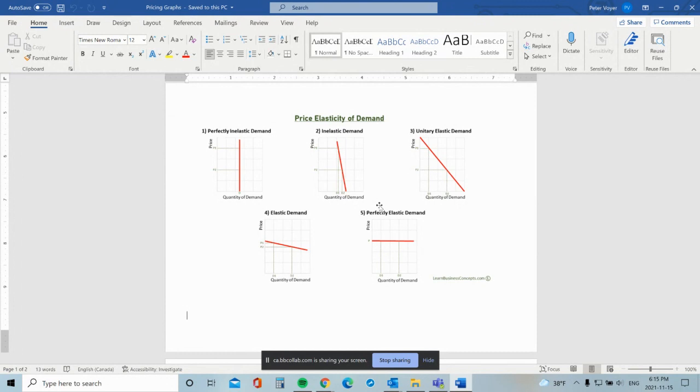Standing in contrast to inelasticity is that other extreme condition that we can call perfect elasticity. So under perfect elasticity, what do we have? Ideally, we have a horizontal demand curve, but in reality, we have a very shallow, sloped demand curve, which looks something like this.